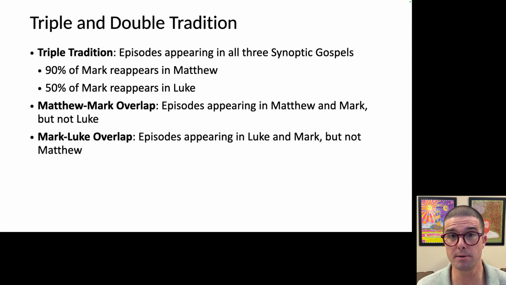That is those episodes that are shared between Matthew, Mark, and Luke, where Mark is the center term, and we have Luke and Matthew on either side of Mark, both having access to and looking at Mark, and Luke perhaps having access to and looking at Matthew, depending on what synoptic solution one holds to, whether it be the two-source theory, wherein Luke would not be looking at Matthew, or the Farrer theory, wherein Luke would be looking at Matthew. So what we're looking at in this first passage is a triple tradition passage.